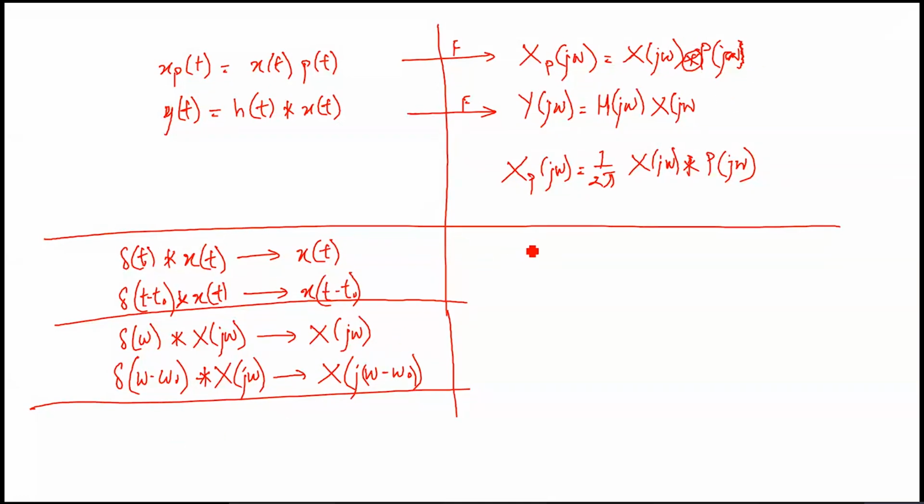Now let's try to see what happens here. Xp(jω) is basically 1 over 2π times X(jω) convolved with P(jω). Now if X(jω) is convolved with an impulse, it gives us the same thing back. Convolved with a shifted impulse gives you a shifted version.